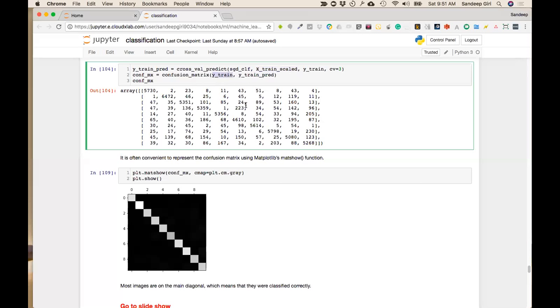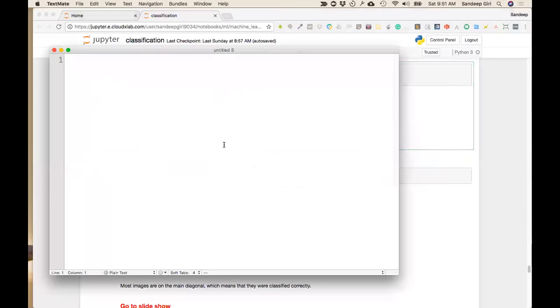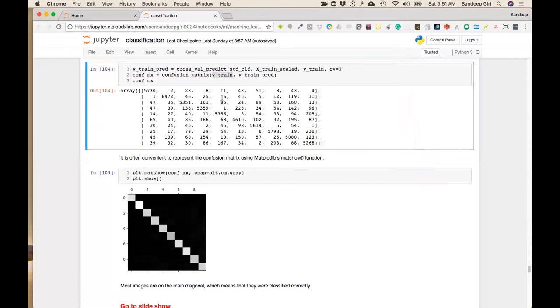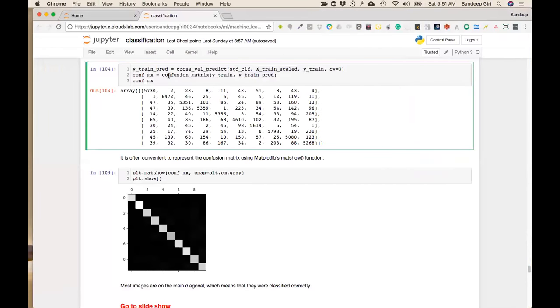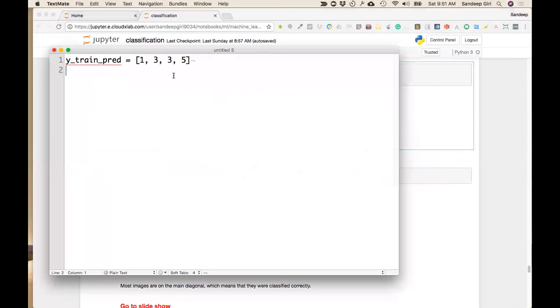Let me show you what it means. Imagine that our y_train_predicted looks like this: 1, 2, 3, 4. And this was actually 1, 3, 3, 3.